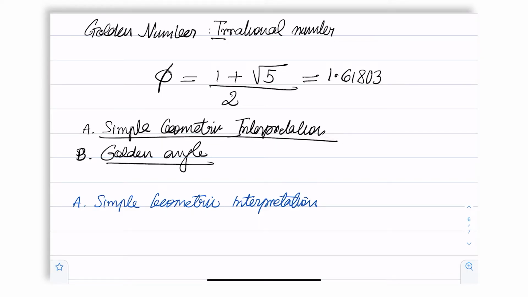Hi. So what do we mean by the simple geometric interpretation?